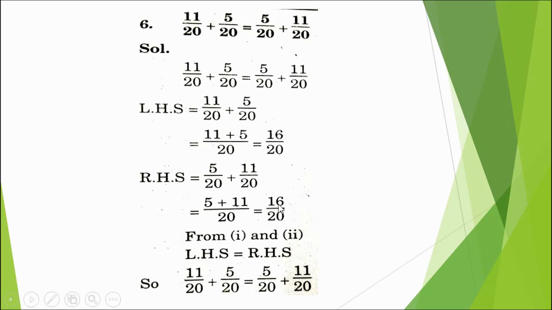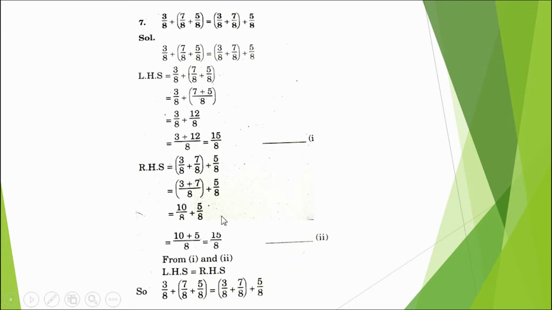Now 5 over 20 plus 11 over 20, denominators are the same, write it one time. 5 comes as it is plus 11 comes as it is. When we add 11 and 5, the answer will be 16, and denominator 20 comes as it is. Therefore left hand side is equal to right hand side. 16 over 20 and 16 over 20 are equal.